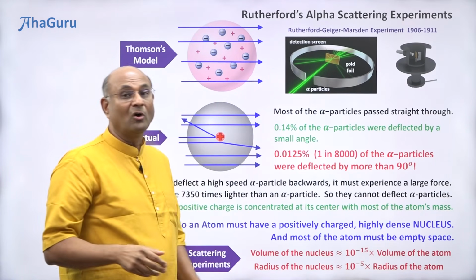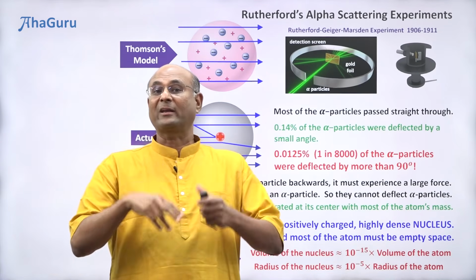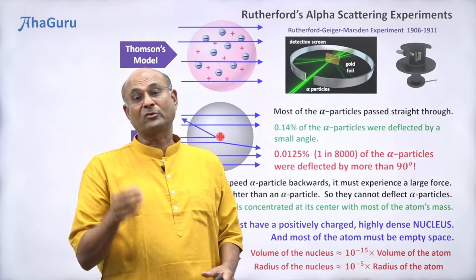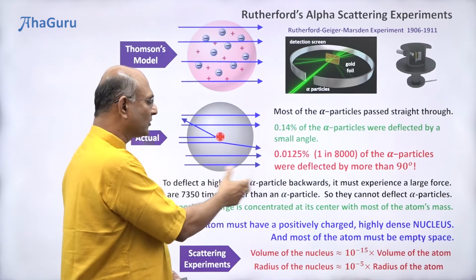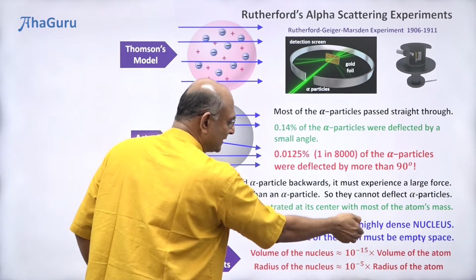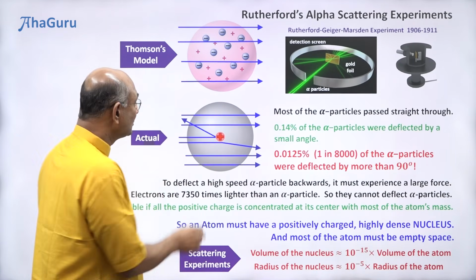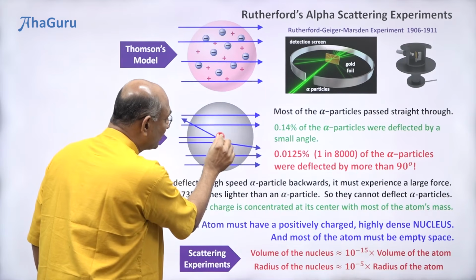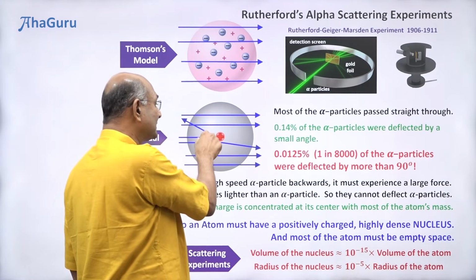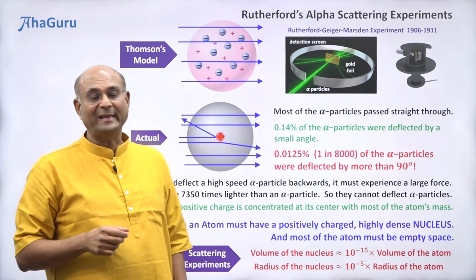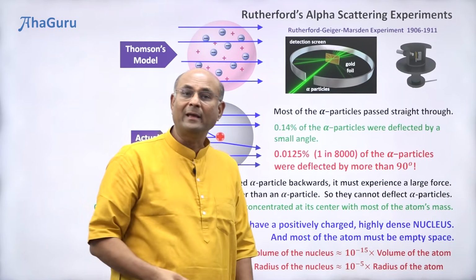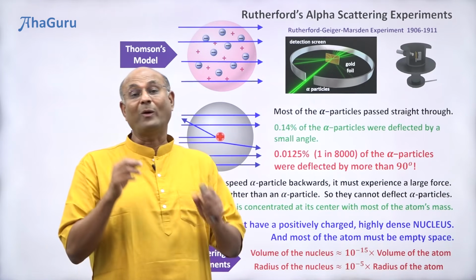Now you of course know the volume of a sphere is 4 by 3 pi r cubed. So r is proportional to the cube root of the volume, right? If you take the cube root of this, you get 10 to the power of minus 5. So the radius of the nucleus is 10 power minus 5 times the radius of the atom. What is 10 power minus 5? Well, 10 power 5 is 1 lakh, that is 100,000.